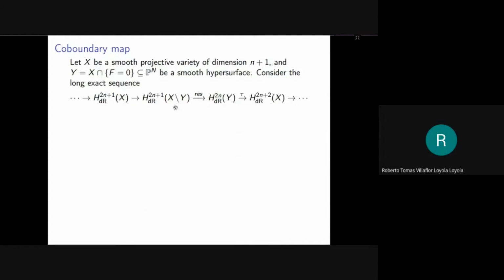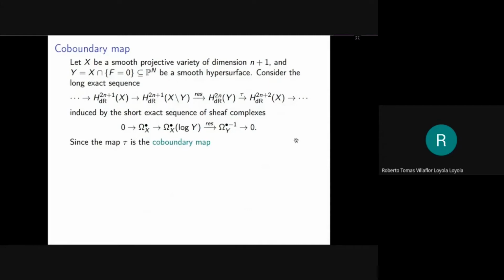And so each of these maps is compatible with the Hodge decomposition of each of these cohomology groups. This sequence can be induced as a long sequence in cohomology or hypercohomology induced by the following short exact sequence of complexes, which is usually called the Poincaré residue sequence.